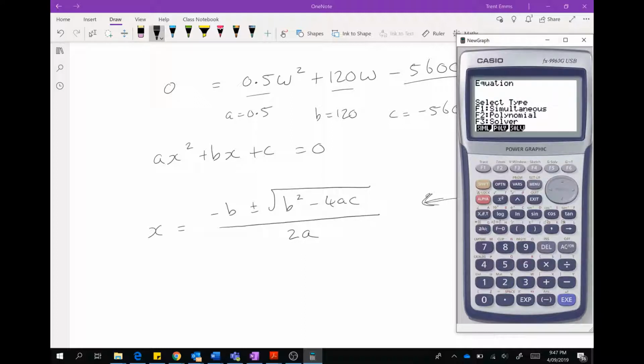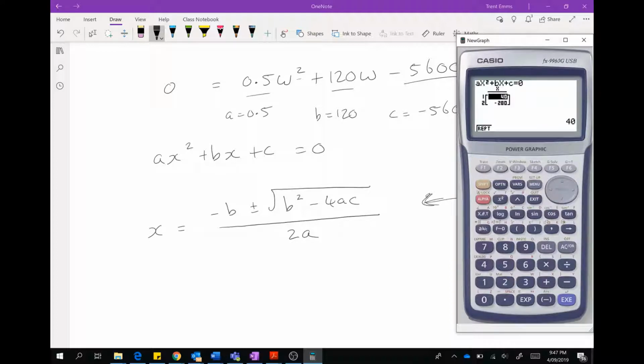Enter polynomial, so F2, and your highest power, your degree, your highest power is a 2 here. So it's going to be 2 F1, and then put in your numbers. So I put in already a is a half, b is 120, and c is negative 5,600.